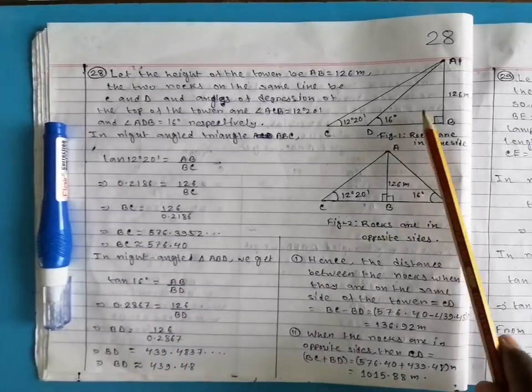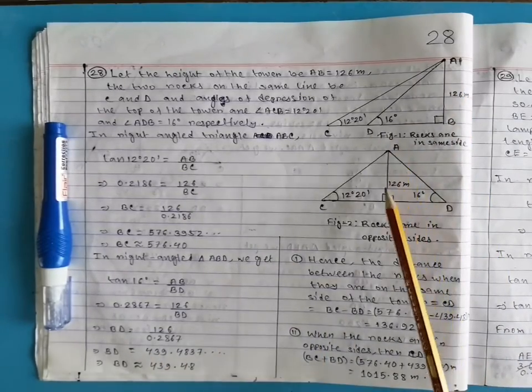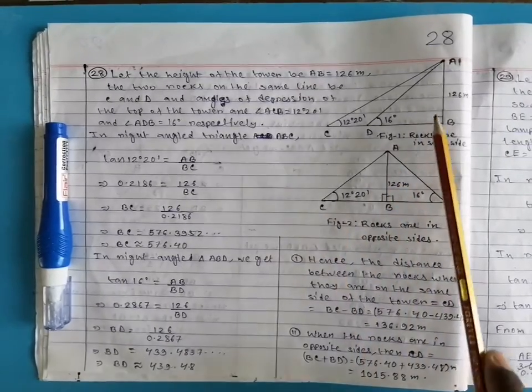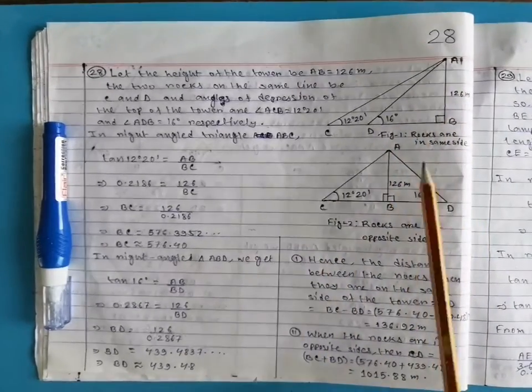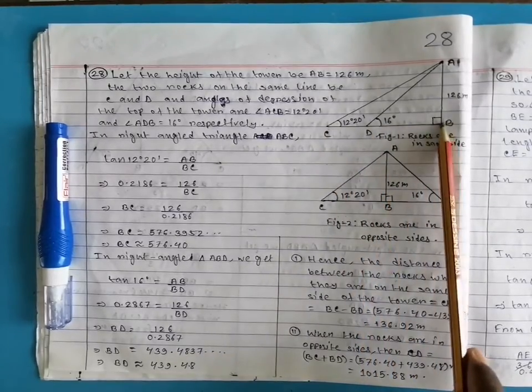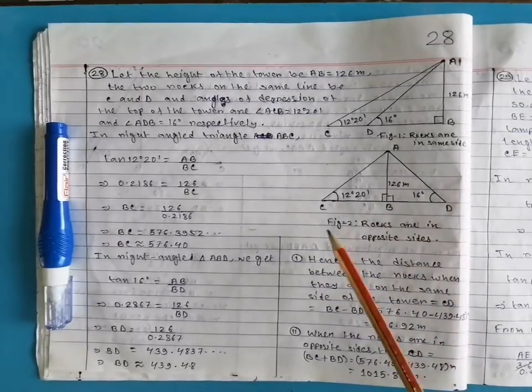Now come to this right angle triangle ABD. In this case also ABC will be same, and in this case also ABD will be same. Only the difference will be, in case of finding CD, you have to subtract BD from BC in one case and you have to add them in the other. That is the difference only.